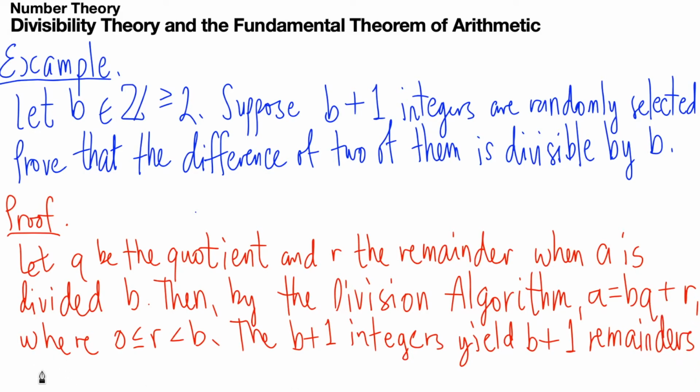These remainders, in our pigeonhole principle, are the pigeons. But there are only b possible remainders, which we will consider as the pigeonholes.